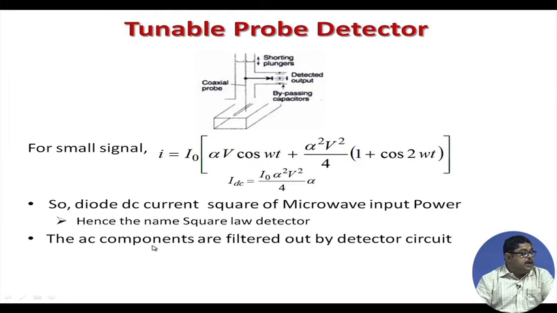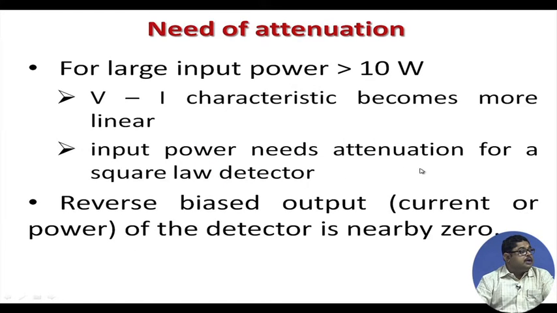So, the AC components are filtered out by the detector circuit, that we have already seen, that these higher frequency harmonics, the omega frequency, 2 omega frequency, are filtered out by the detector circuit. Now, for large input power greater than 10 watt, the VI characteristic, as we have already seen, becomes more linear.